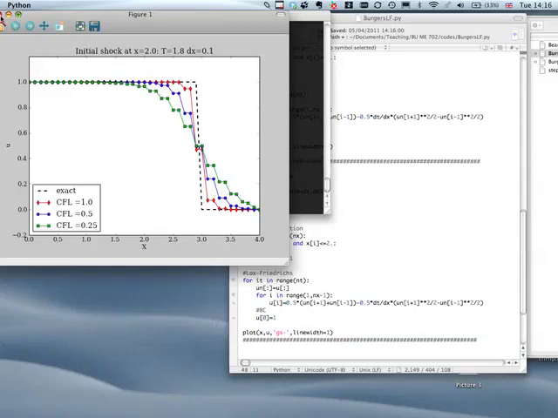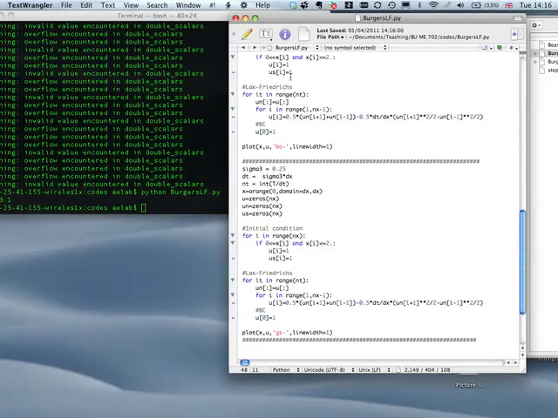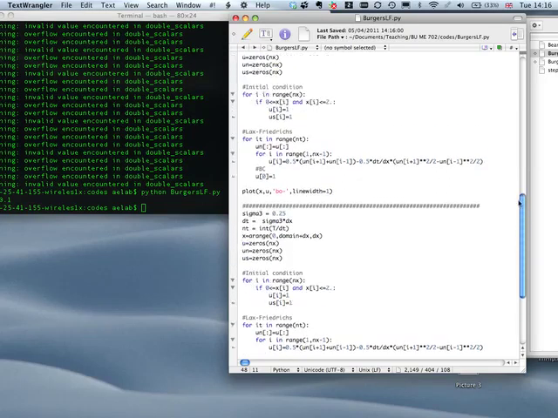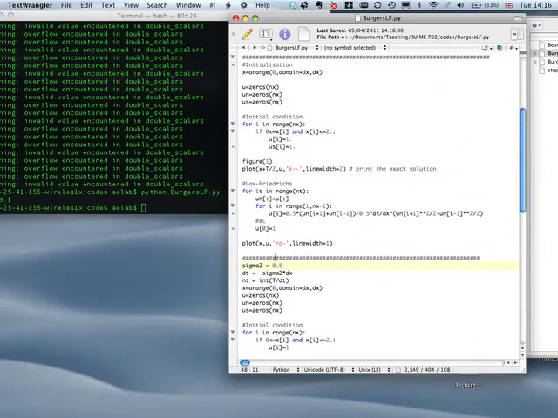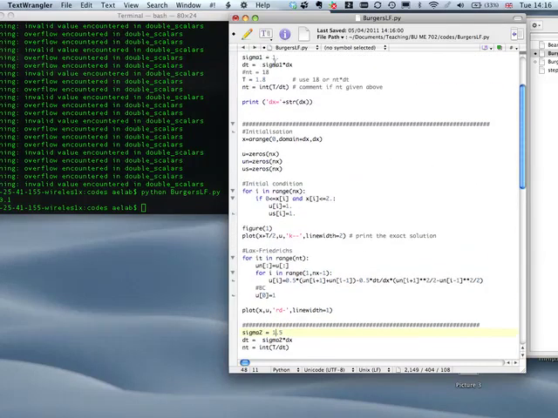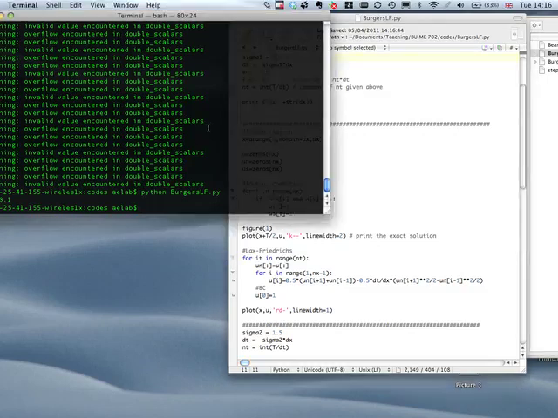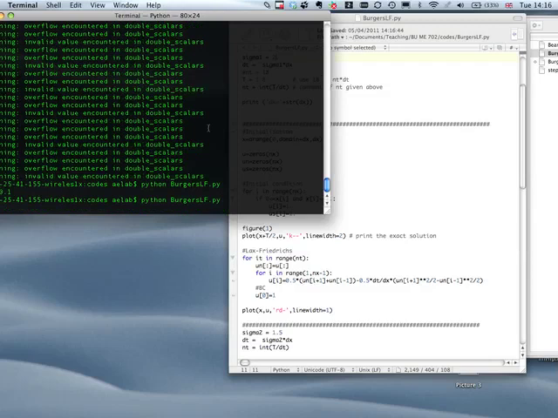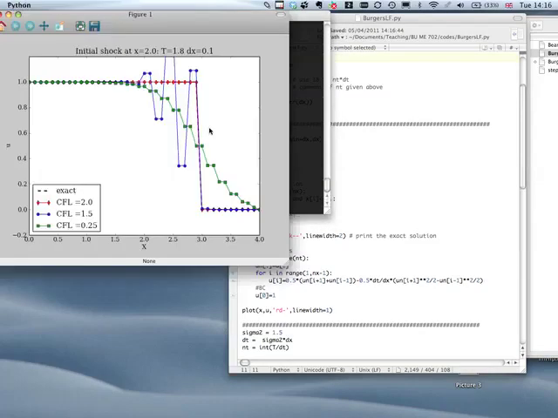So no news there. Now I'm going to leave that one at 0.25, change that one to 1.5, and change that one to 2. So all of those greater than 1 solutions should become unstable. So run it. And here's my result.